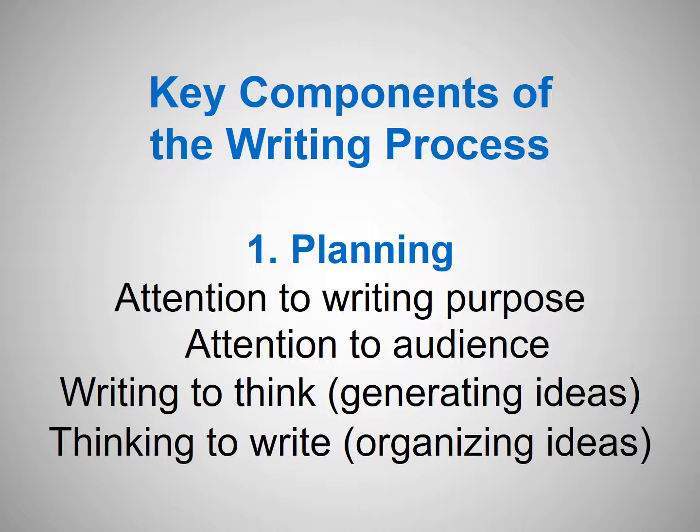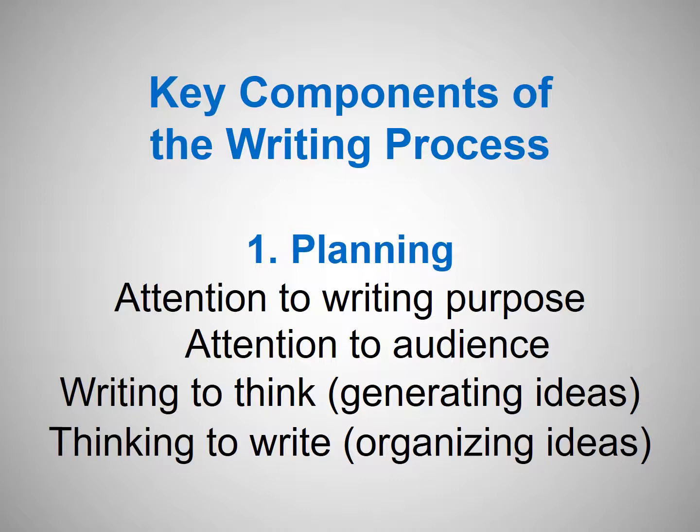And when it comes to more complex kinds of writing, allow yourself to think about what you know about the topic that you're going to be writing about, but also what you don't yet know and what you need to find out. So part of writing to think is doing the kind of research that you might need to do to create additional information to bring together and put into that pot.